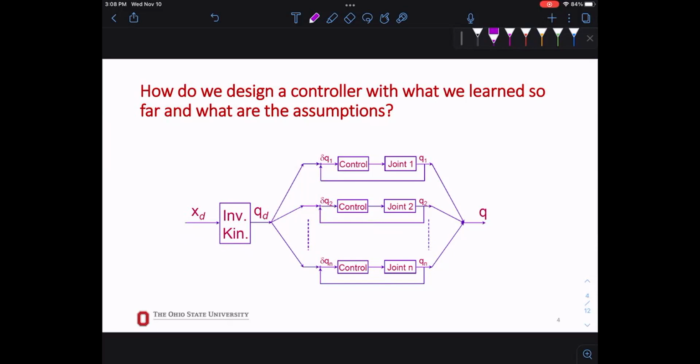How do we know where things are? What should we do? Close the loop. So from things that we know, how do we check? We had some desired position for an end effector. We use inverse kinematics to find the joint variables. Now we actually have the system, a bunch of DC motors on the joints, and we say, go to this value.